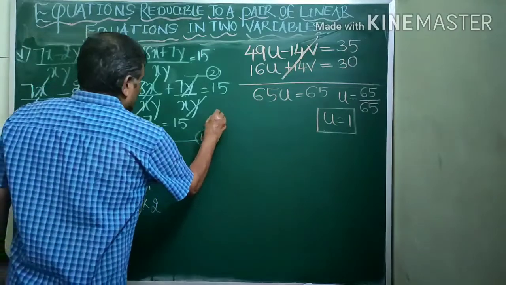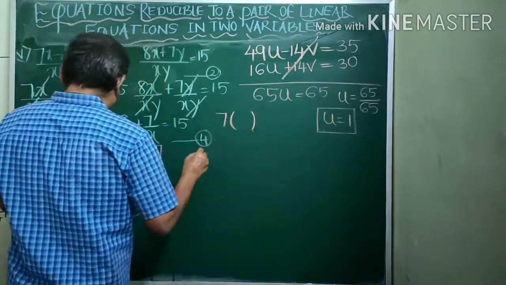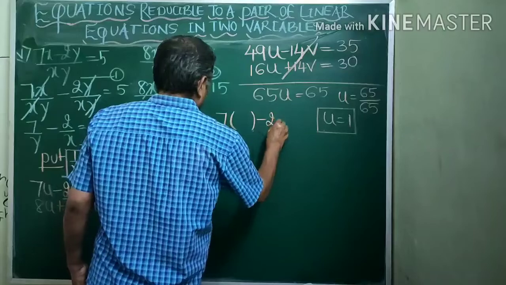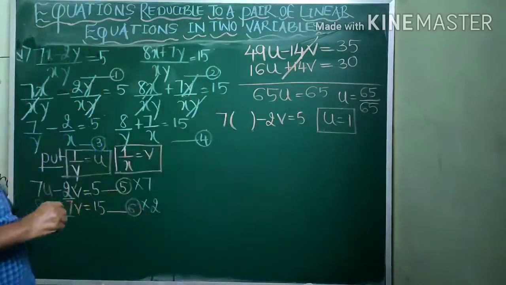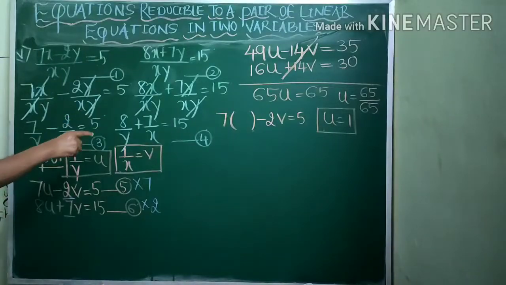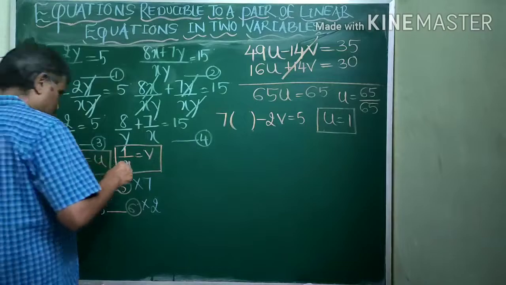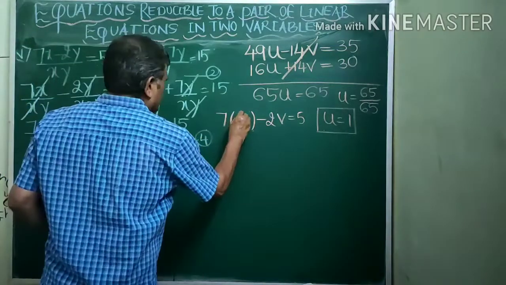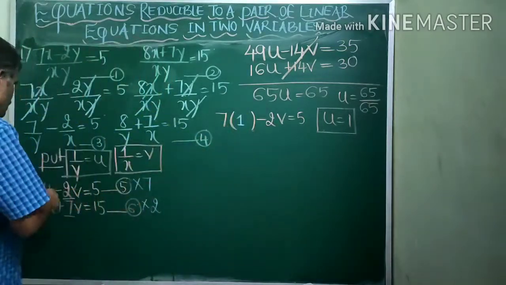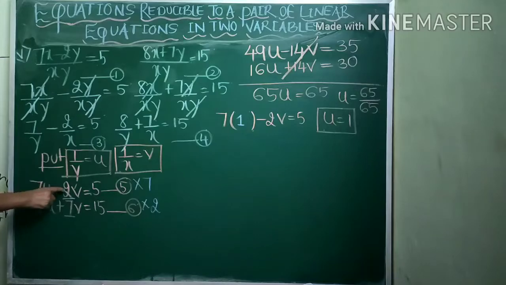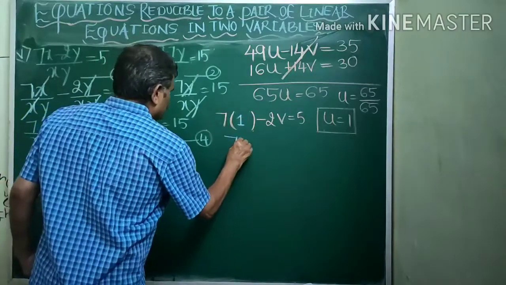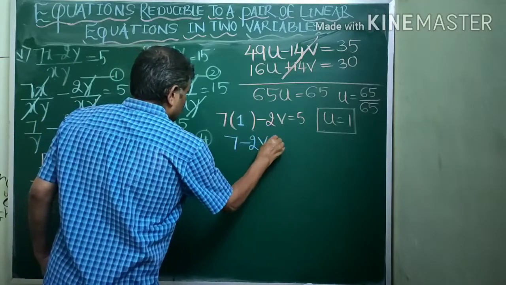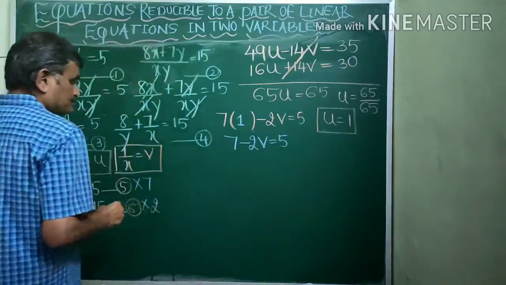Suppose I take 7u minus 2v is equal to 5. I am putting this value of u in the 5th equation. If I do so, then in place of u, I will put 1. 7 into 1 minus 2v is equal to 5. So 7 into 1 is 7, minus 2v is equal to 5.